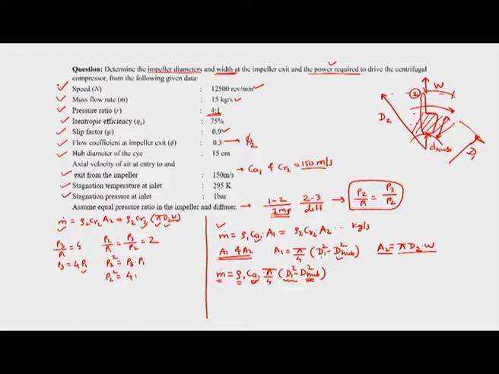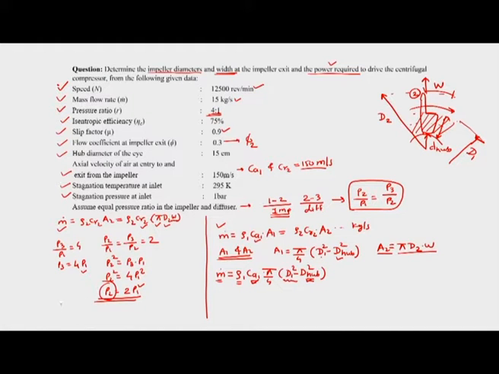So P2 square is equal to 4 P1 square. So P2 is equal to twice P1. Anyway, this was known to us. We know P1, which is static pressure. Knowing the static pressure, we can find out P2, which is the static pressure at the exit of the impeller. Now our interest is to find out static temperature, so we should find out static temperature at the exit of the impeller.